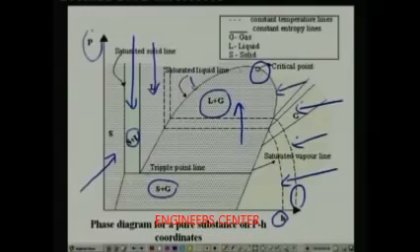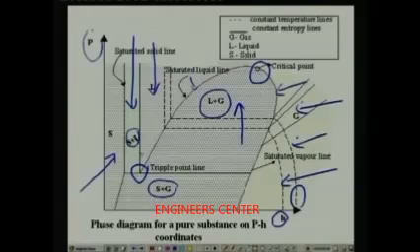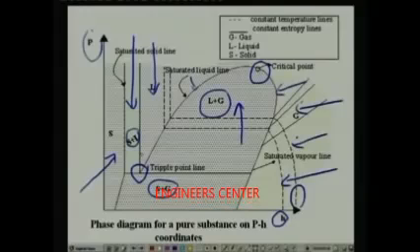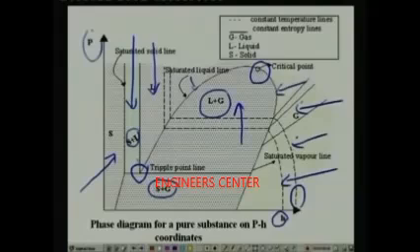There is another important point known as the triple point. The triple point is a point at which all the three phases, that means solid, liquid and gas, exist in equilibrium. That point is shown here. So this is the typical pH diagram for a pure substance.